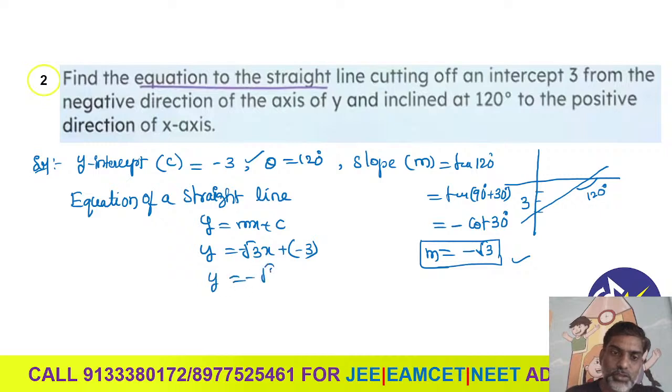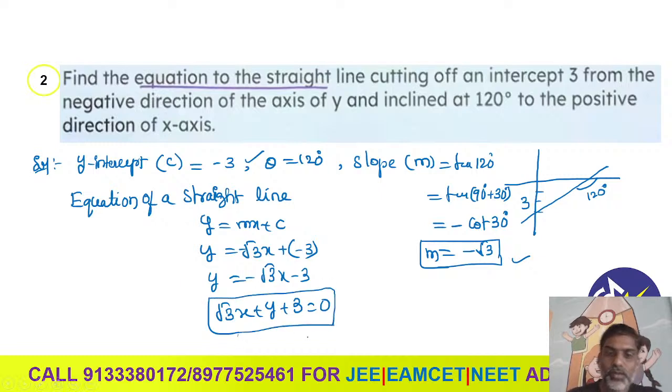So y is equal to minus root 3 x minus 3. What do you get? Root 3 x plus y plus 3 is equal to 0. This is the equation of a straight line. Okay.